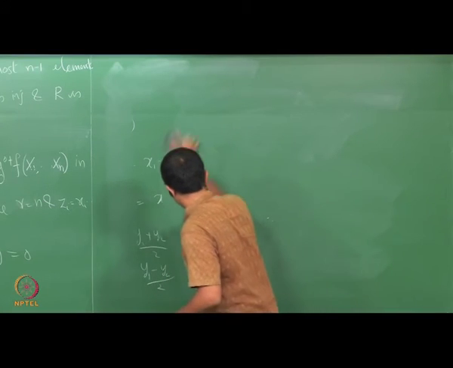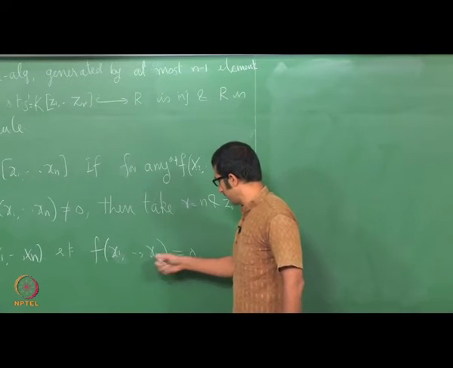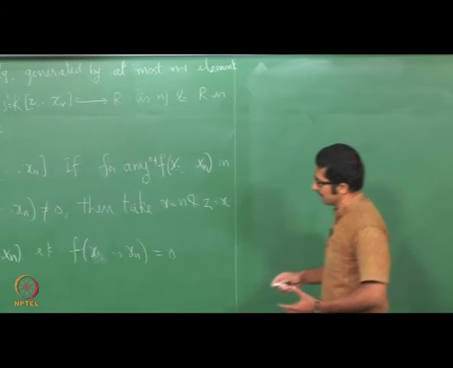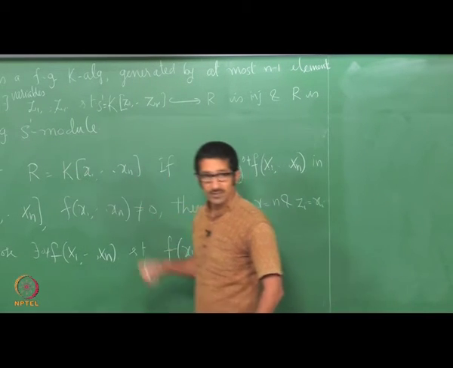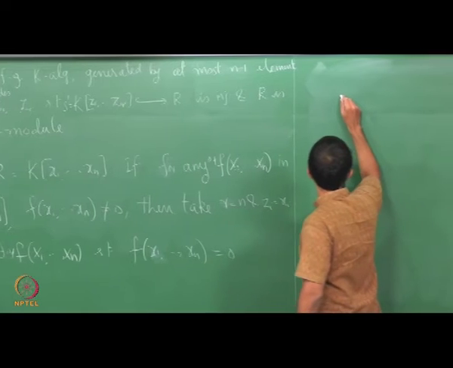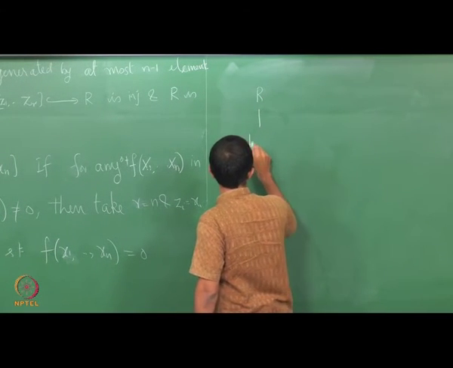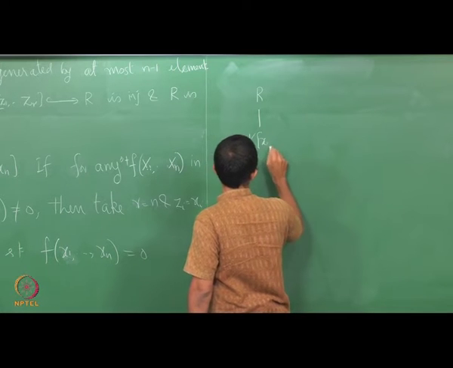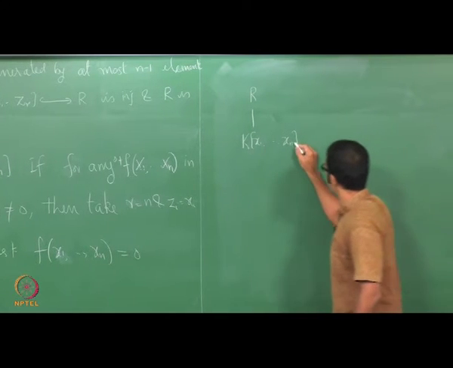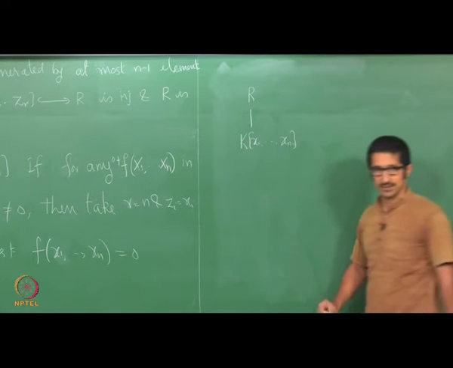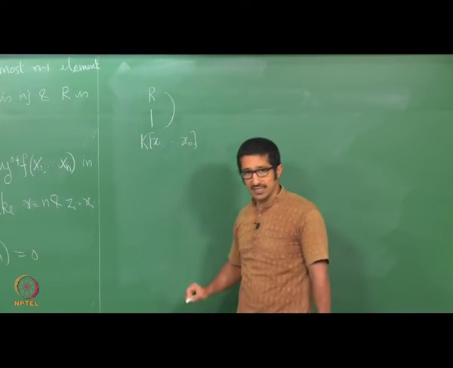Now, see, as in the case of the example that we discussed, the idea is again to bring this down to a situation like this. I have R, I want to bring it down to a situation like this: k[x1 up to xn minus 1], where this is finite.